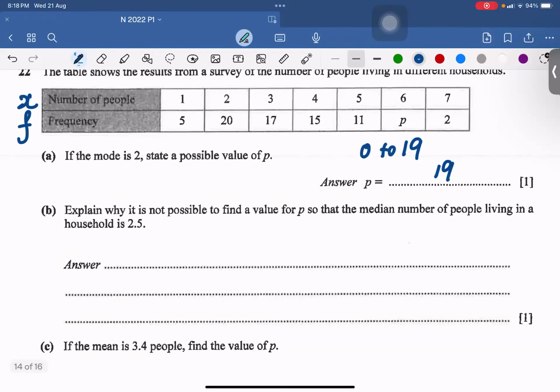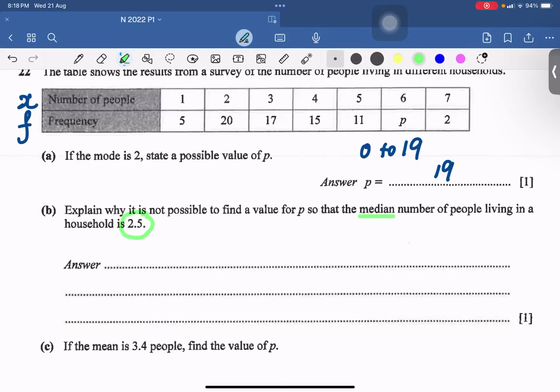Next one. Explain why it is not possible to find a value of P so that the median is 2.5. What does median mean? Median means the person is right in the middle, right?